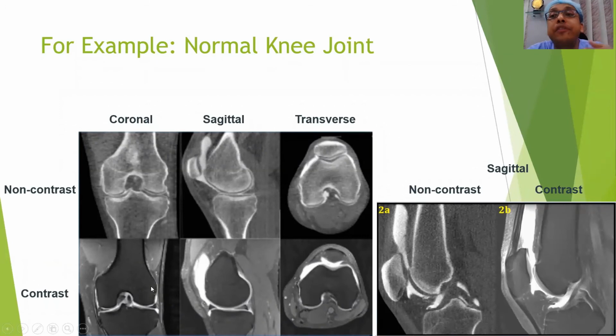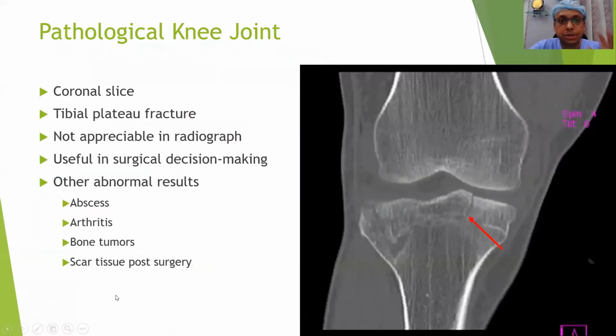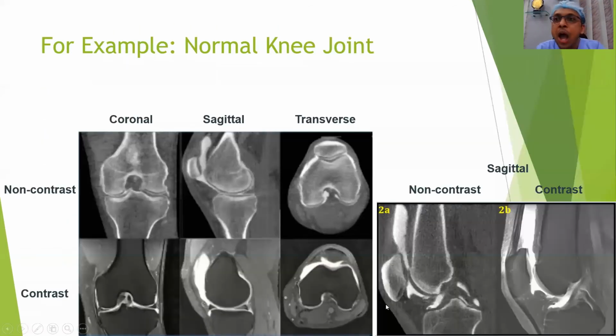I am not saying just muscle, but ligaments, tendons and cartilage also, to evaluate the type of surgical technique they would be doing. So that's one aspect. But why did I have two different slices or scans? The one on the left has non-contrast and contrast. The one on the right, which is only the sagittal view, also has non-contrast and contrast.